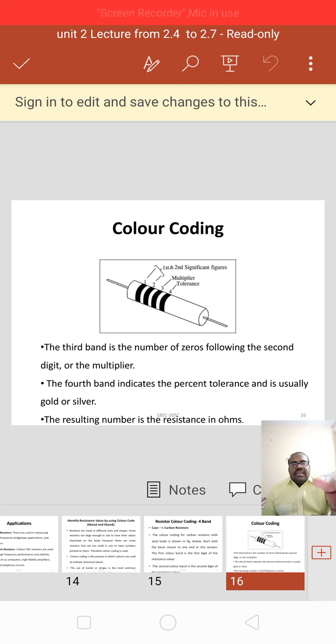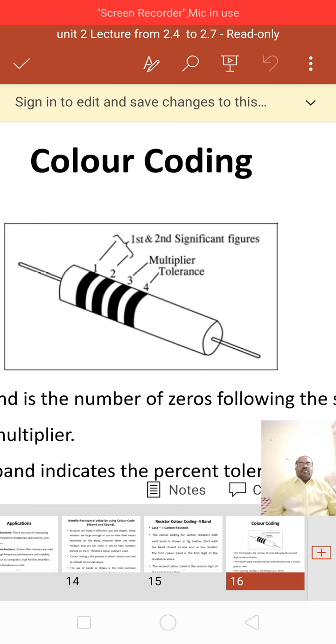By seeing the picture I will identify the resistance value of the resistor. First and second bands give the first digit and the second digit of the resistance value.